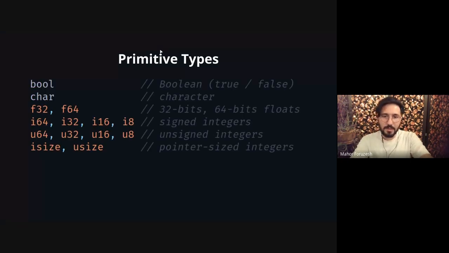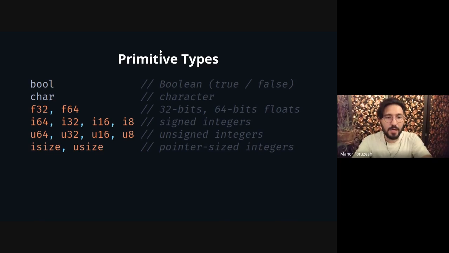These are the primitive types of the Rust type system. So we have Boolean, char. Those should be familiar. We also have f32, f64, which are floating types.